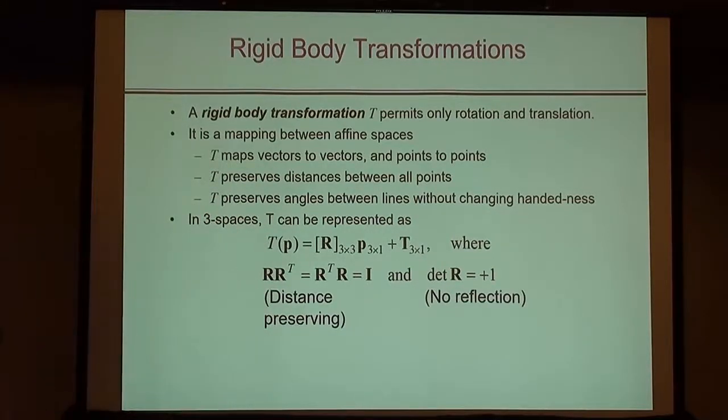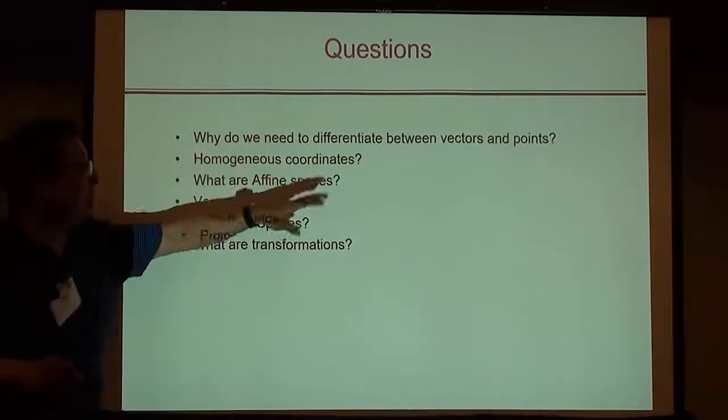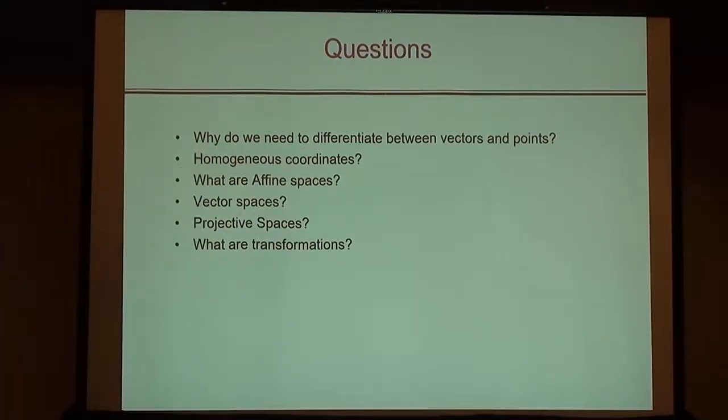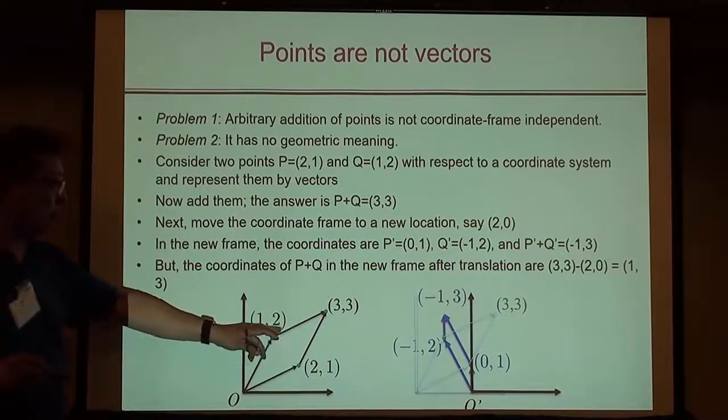That's it. So here are some of the questions that I have talked about. Why do we need to tell the difference between vectors and points, and what effect will it have? This is one case in point. Points are not necessarily vectors. Consider two points in the plane.